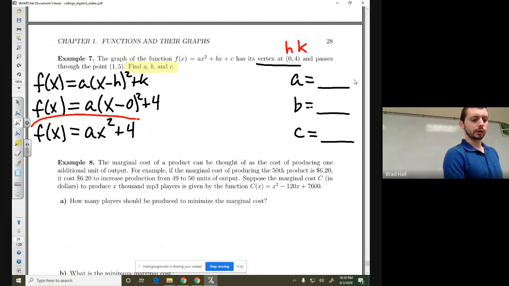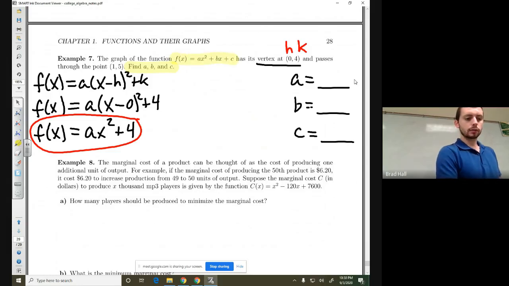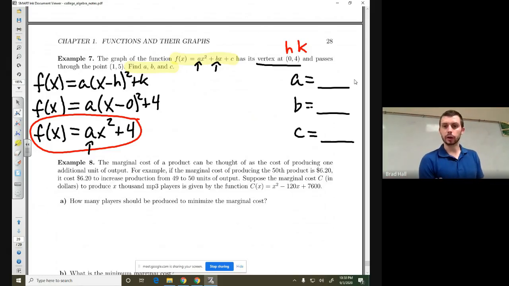Well, let's compare this form with the generic form. In the a place, it's still a, so we don't know that one. What's in the b place? What is the number next to a solo x? There isn't one. So that means b would be 0. And then what's the constant c? It's 4. So we already have 2 of 3.